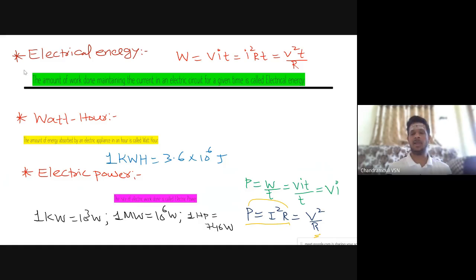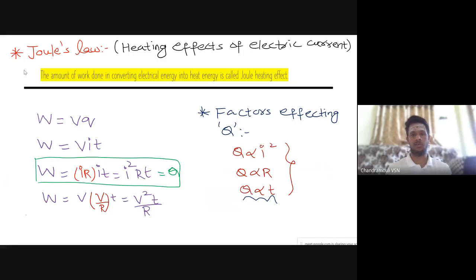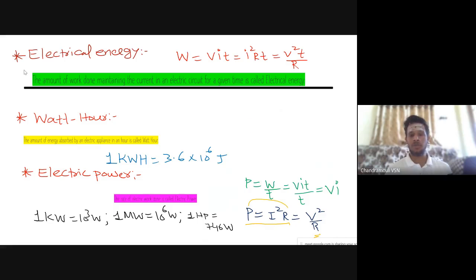And the W formula is VIT, I square RT, V square T by R. Mostly this energy we calculate in terms of watt hour. The amount of energy absorbed by an electric appliance in an hour is called watt hour.